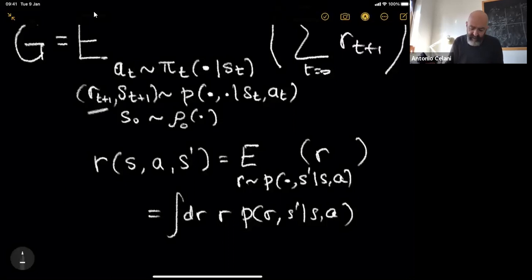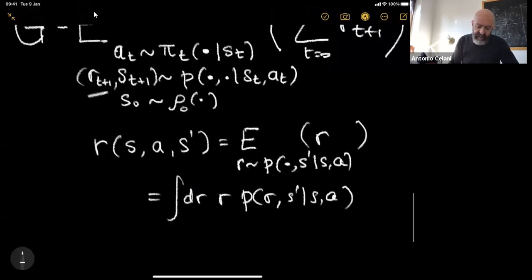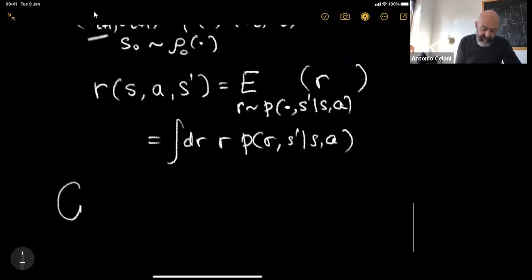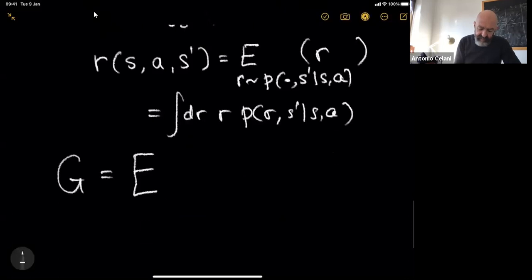So from now on, we can basically ignore this dependence on the distribution of rewards, and we can rephrase our goal just as a simpler expectation value, where again we pick our actions according to the policy at time t.